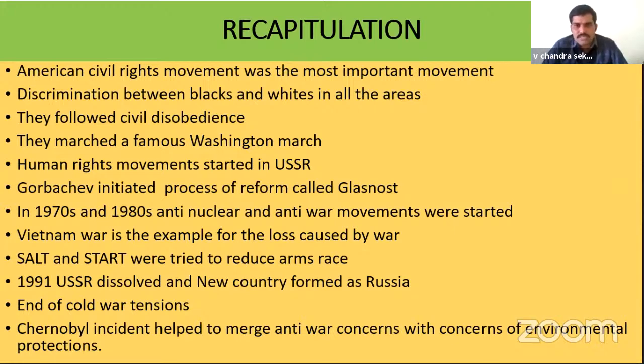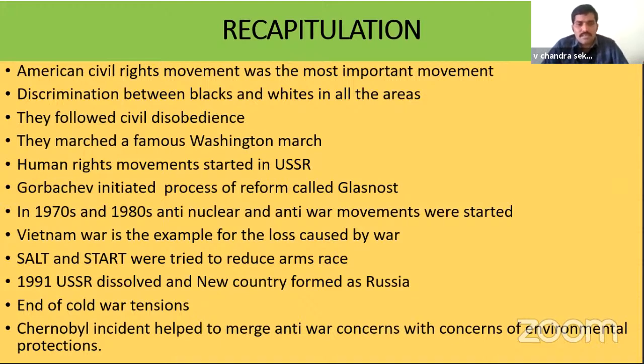Because of the pressures coming from all over the world, from different types of movements, finally USSR and USA came to an agreement, the SALT agreement, but it was very unsuccessful. In 1991 they signed another agreement, the Strategic Arms Reduction Treaty, and finally it was implemented in 2001.